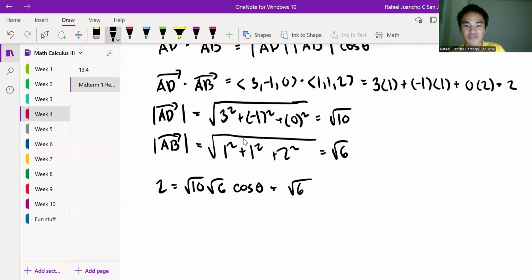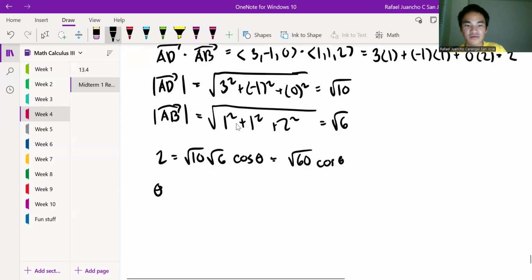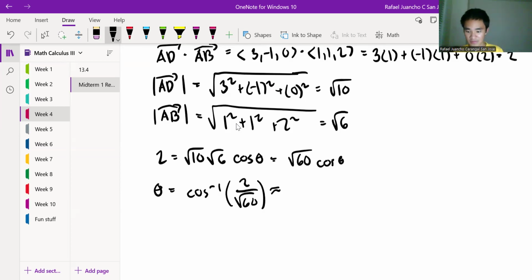I could say square root of 60, cosine theta. And I could say theta is arc cosine of 2 over square root of 60, which is approximately some number in degrees. So it's 75 degrees, which seems right. I think so. Yeah, 75 degrees.